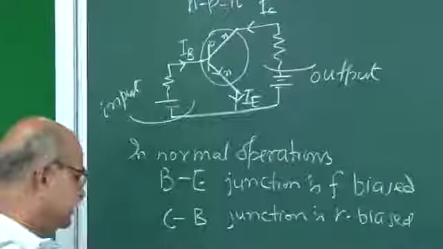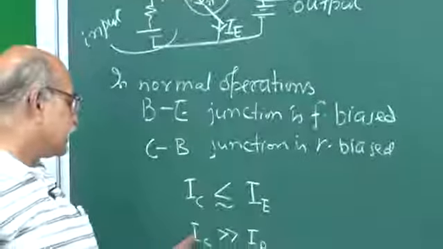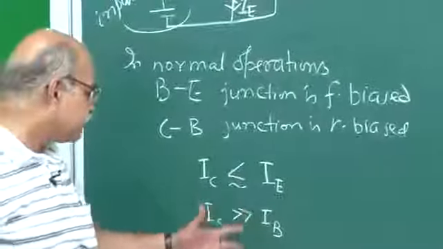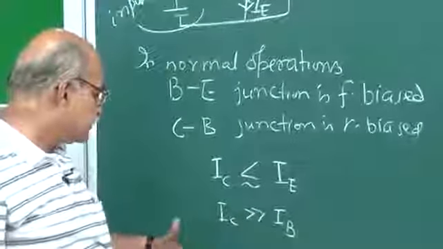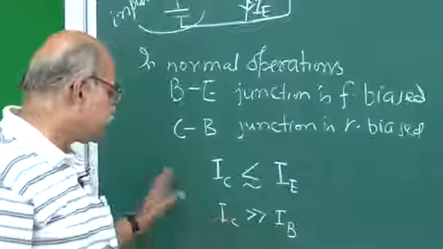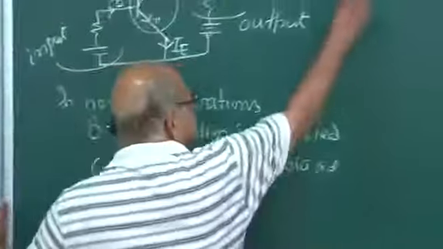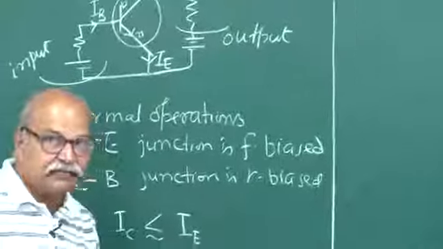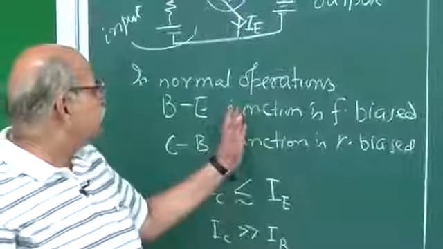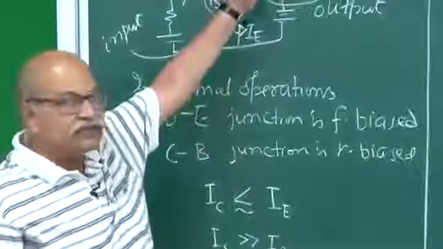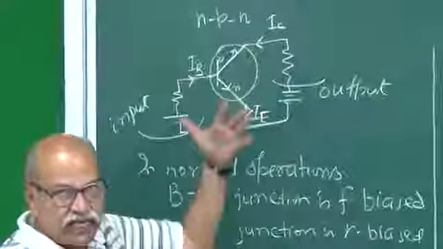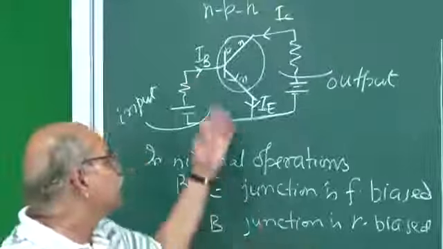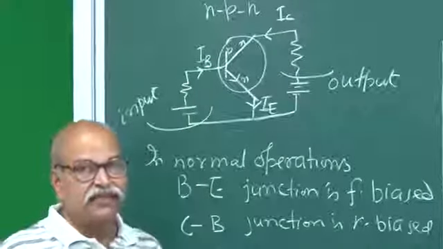So, you have this input current IB and output current IC, and the current is magnified, increased by a large factor. Typically, if everything is fine, meaning this junction is forward biased and this junction is reverse biased, and that reverse bias is of sufficient magnitude, and this forward bias is of sufficient magnitude.